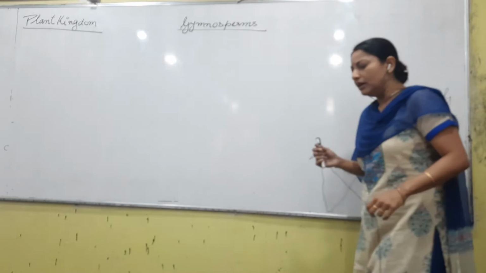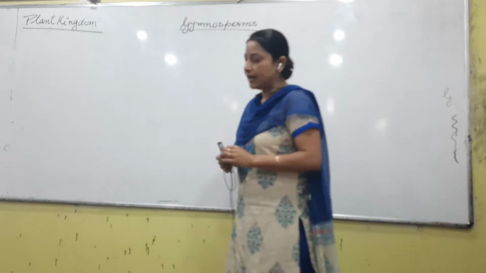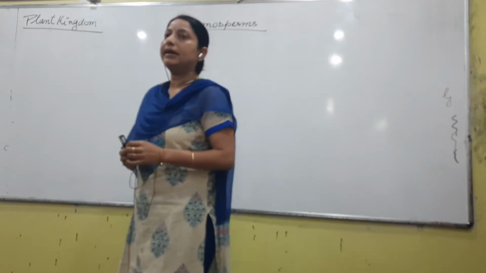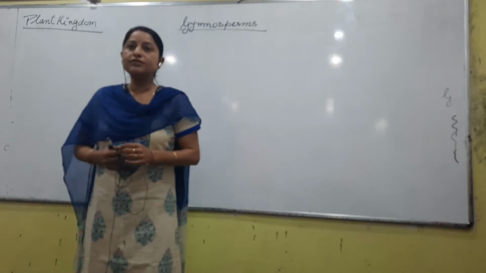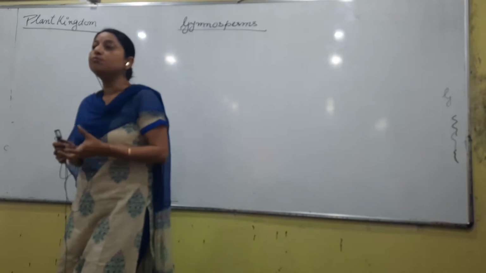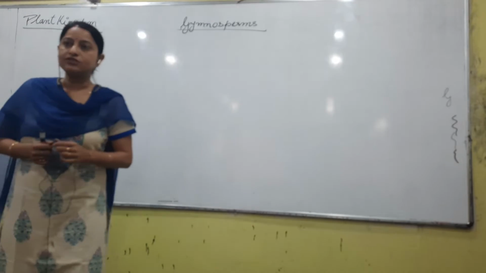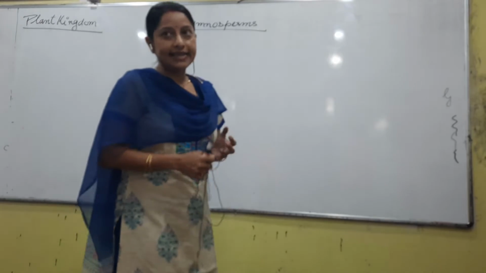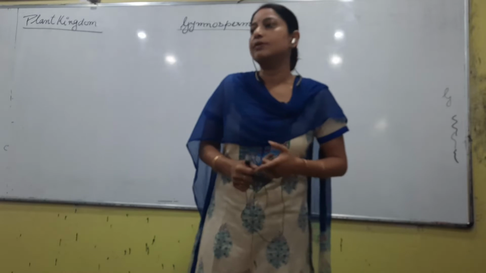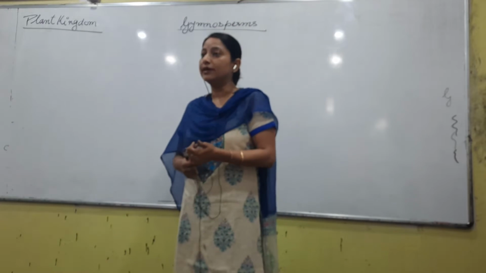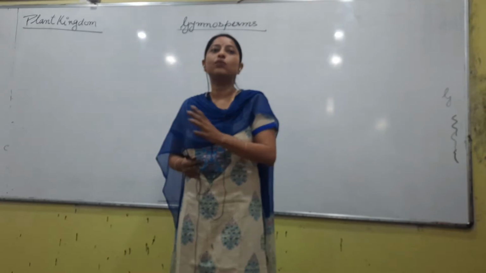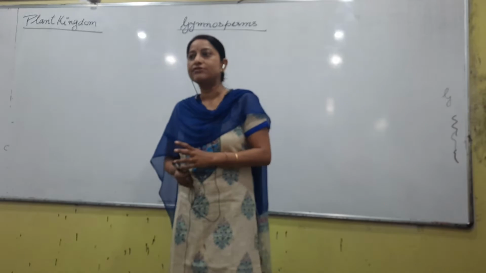Another point. Out of all the groups of plants that we are talking about, starting from algae to angiosperms, which is the smallest group? The smallest group of plants: algae, bryophytes, pteridophytes, gymnosperms, or maybe angiosperms? It cannot be angiosperms, because they are the most advanced and widely distributed, so it cannot be the smallest group.